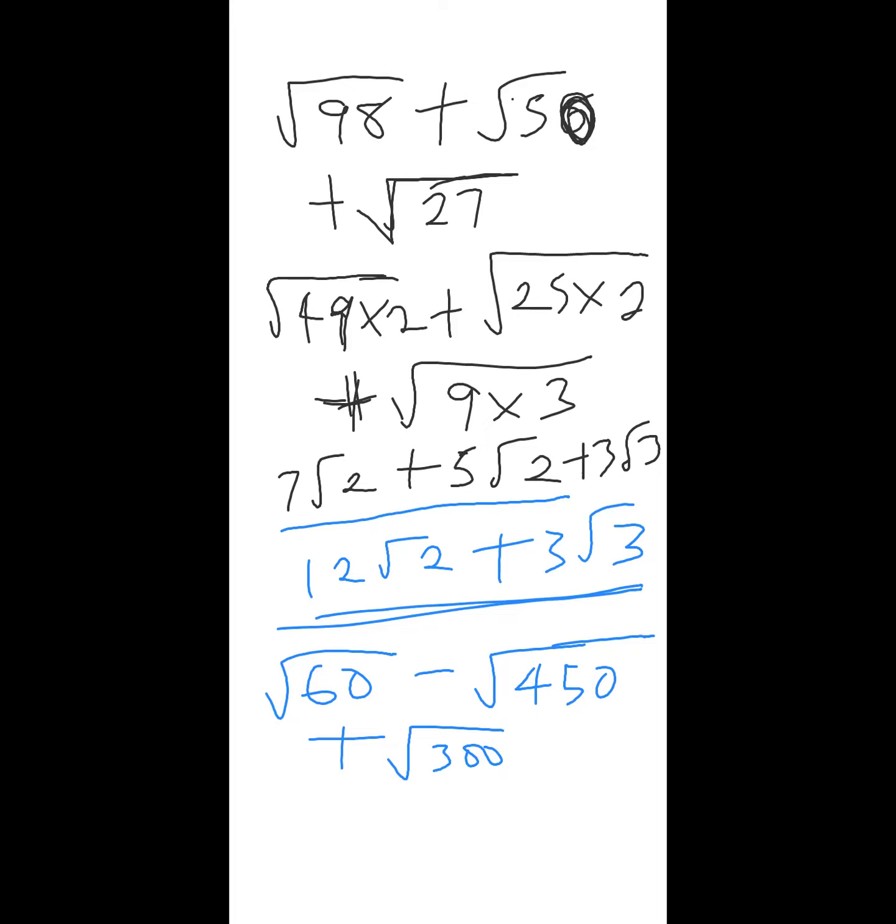So what I'm going to have is square root of 4 times 15, then minus, this one is a very interesting one, square root of 450. What can we do? Square root of 450. We can just say 15 times, what would that be now?